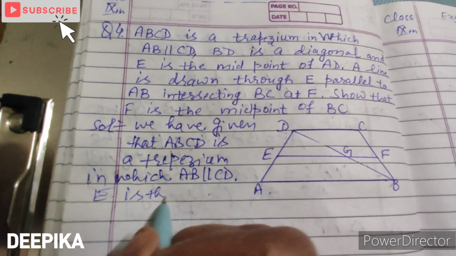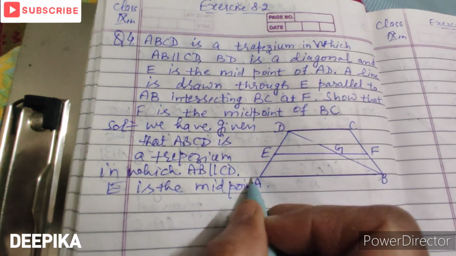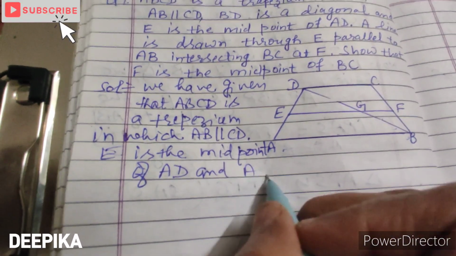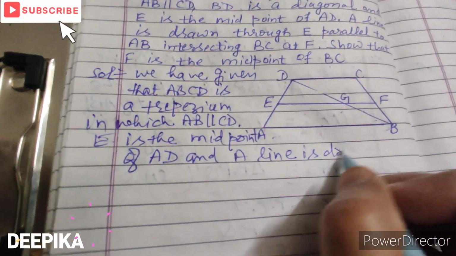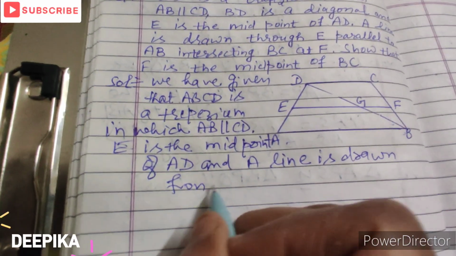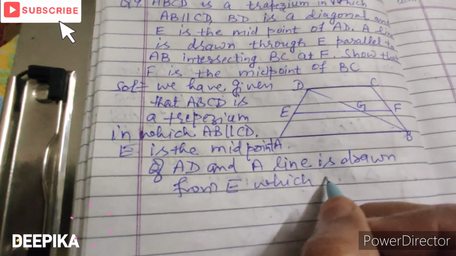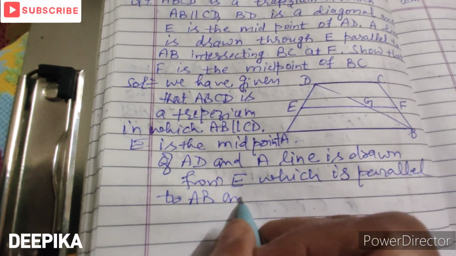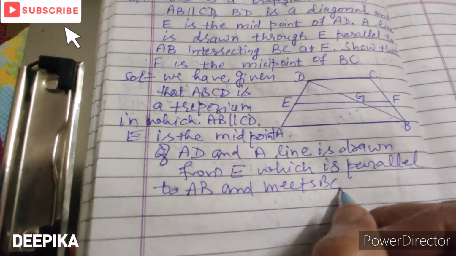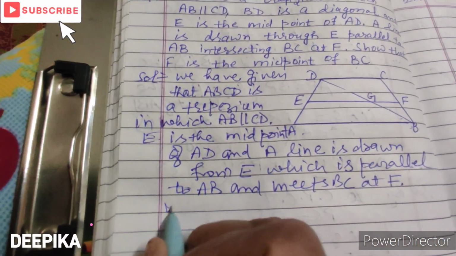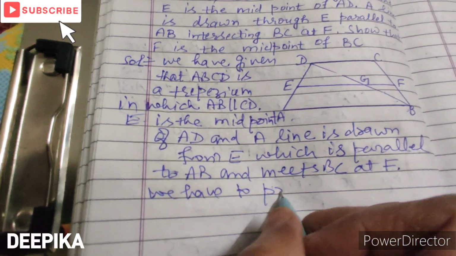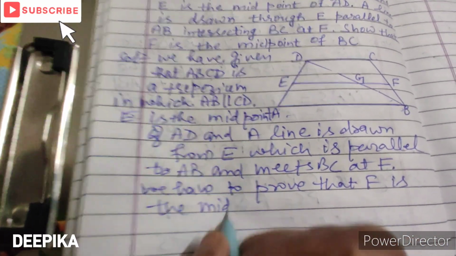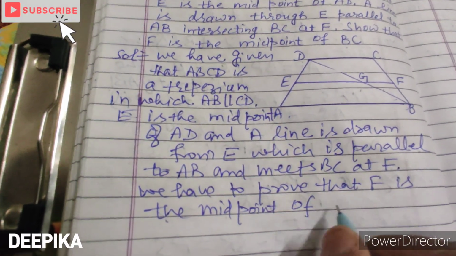E is the midpoint of AD, and a line is drawn from E, which is parallel to AB and meets BC at F. We have to prove that F is the midpoint of BC.